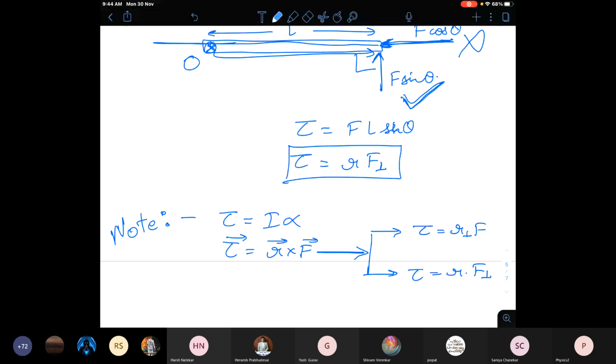If you can take the components of force easily, then take the components of force. If you are able to take the components of the R vector easily, use this formula. If angular values are given to you, use this formula. Whichever is convenient at that instant, you can use that.